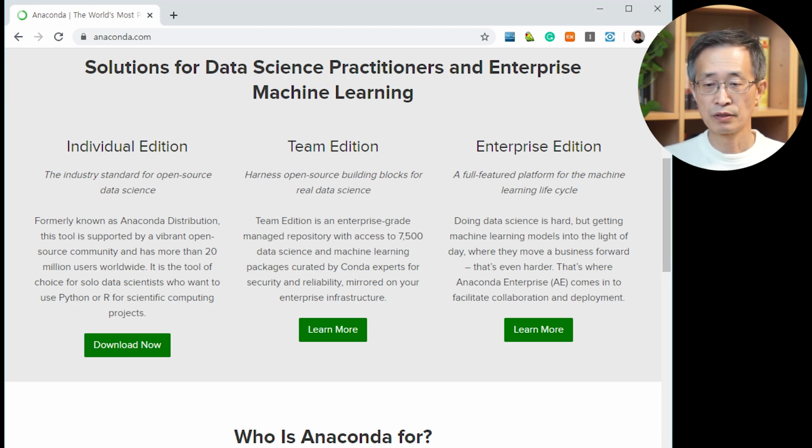For Windows I'm going to get Python 3.7, which is the recent one, and since I'm using Windows, I'm going to get the 64-bit graphical installer. Just click or double click, and it downloads.